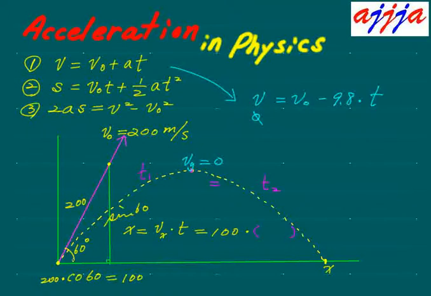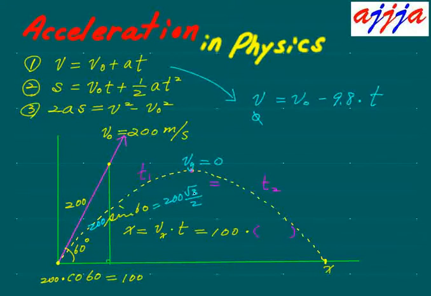The initial velocity for vertical is 200 times sine 60. Sine 60 is square root 3 over 2, so 200 times square root 3 over 2 is 100 times square root 3.